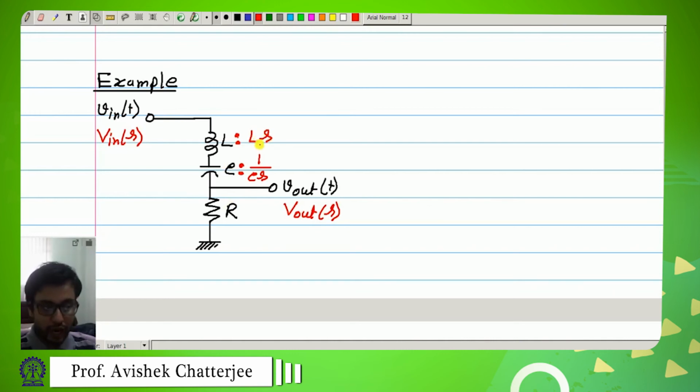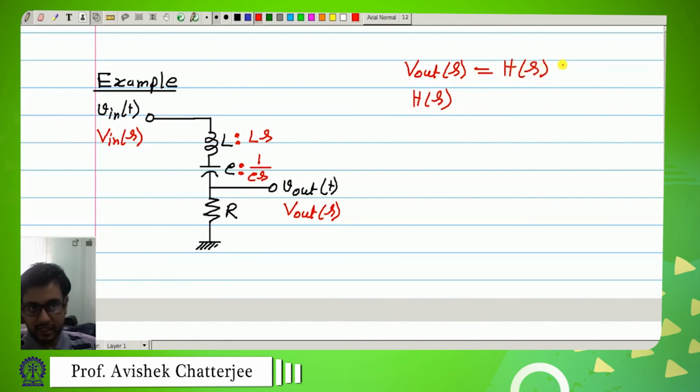This is true under initially relaxed conditions, but anyway the transfer function is defined only under initially relaxed conditions, so we can write this. Then we need H(s), but you recall that the Laplace transform of the output is given by H(s) times the input for any system.